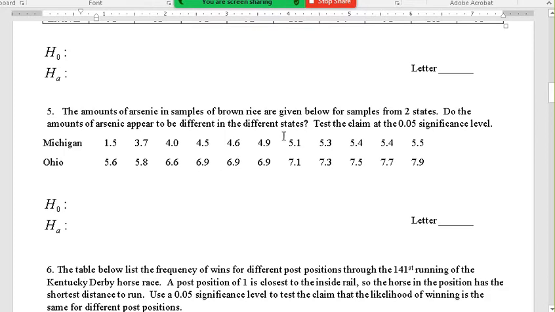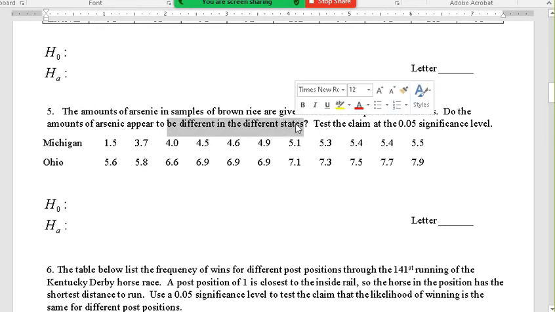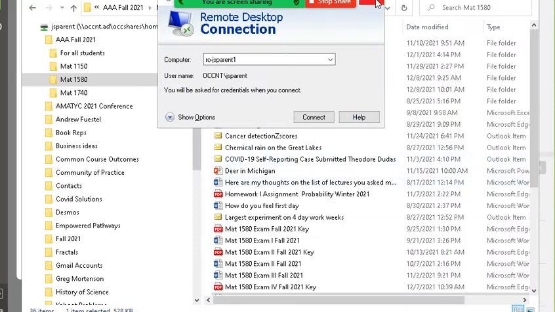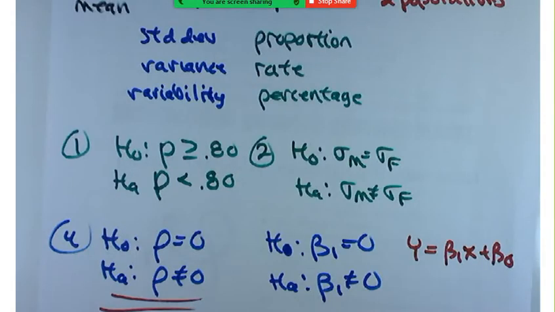Let's see, we want to test a claim that they're different. Now, if they're different, then let's see, get back here.